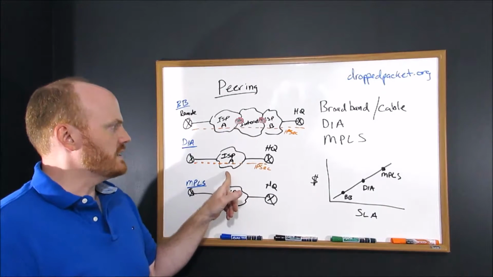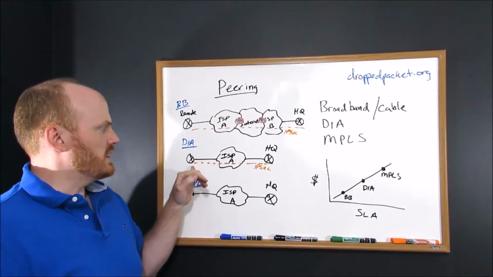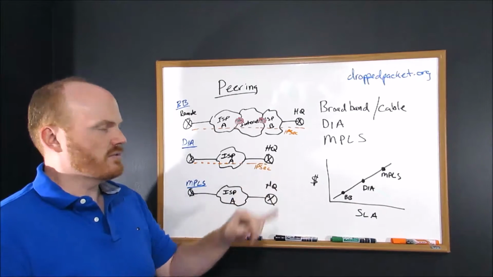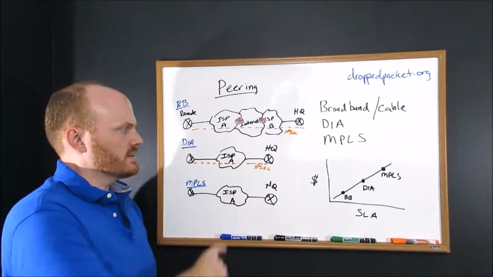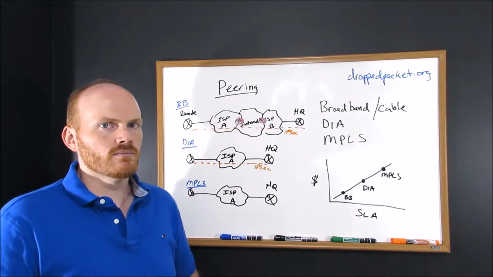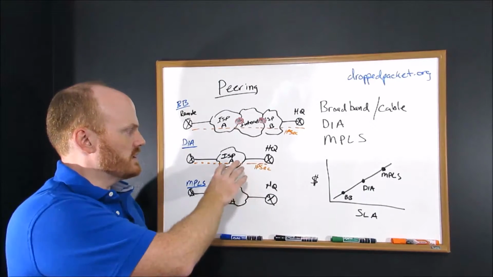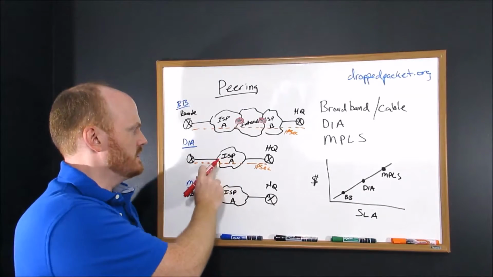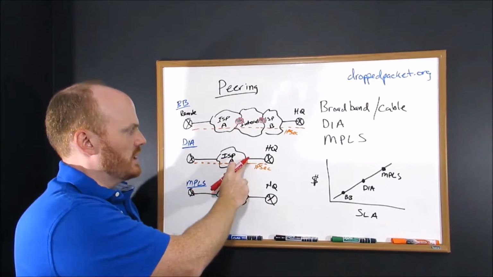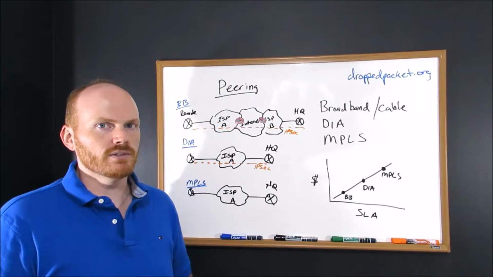The next example is DIA, where you typically buy the connections from the same provider on both ends. That means your IPsec is riding the same network end to end. You'll have a lot more visibility, typically in the DIA provider's user portal, to be able to see packet loss and bandwidth on those two endpoints.